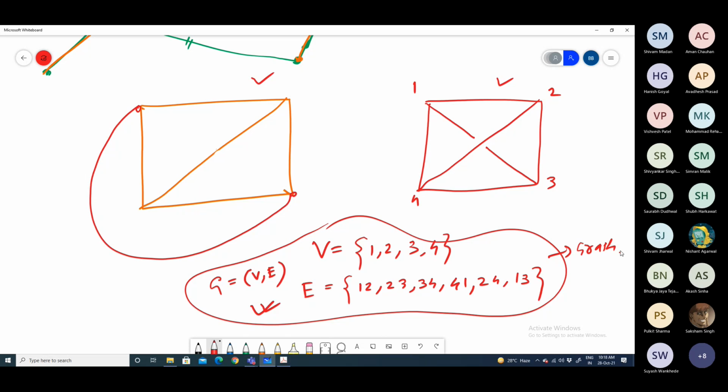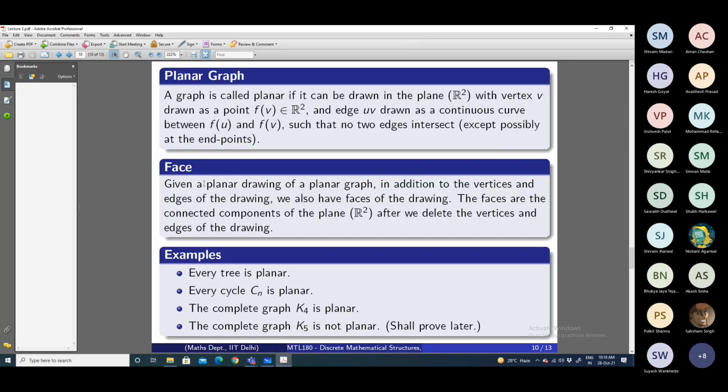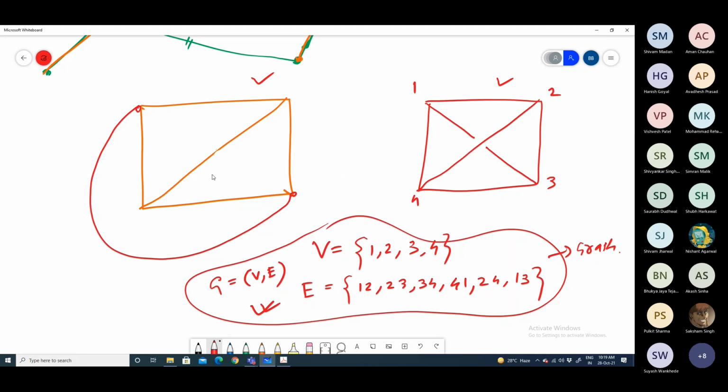Okay. Now there is another concept called a face. What is a face of a planar graph? Now suppose you can draw a graph in a plane. Now if you remove this graph from the plane, then you have some connected components in the plane, and those connected components are called faces. For example, can you tell me how many faces are there in this graph?